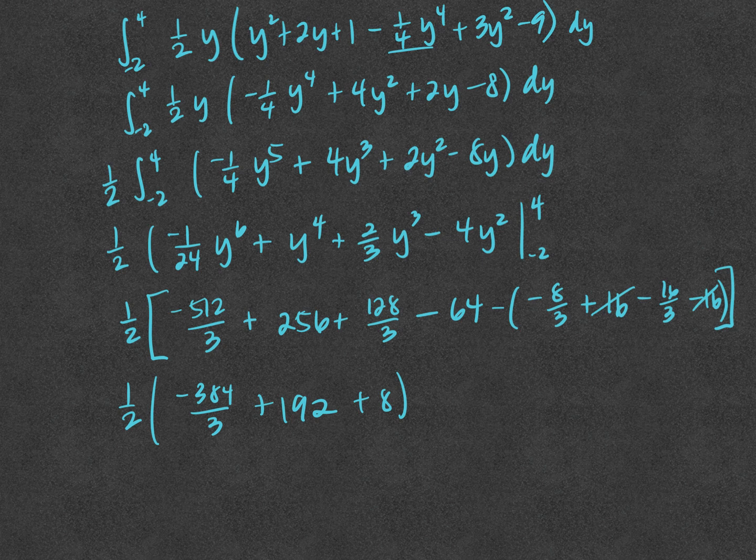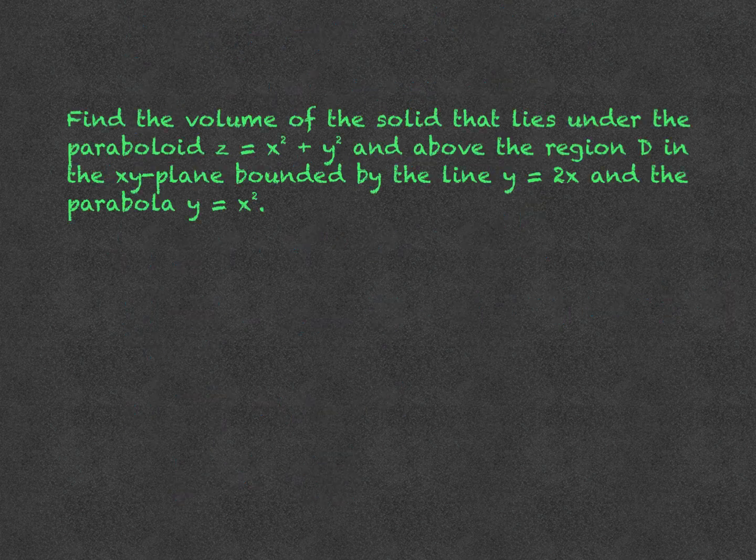So I have 200 minus 384 over 3, which gives me a total of 72. And then half of 72 is 36. So the volume of this region comes out to be 36. Nice, pretty answer.